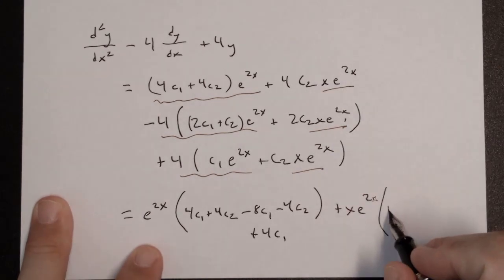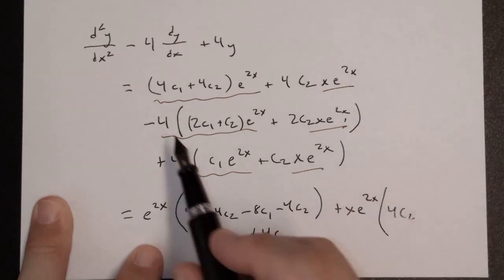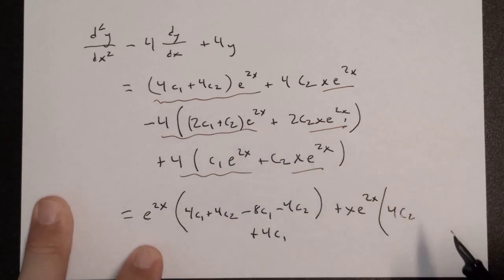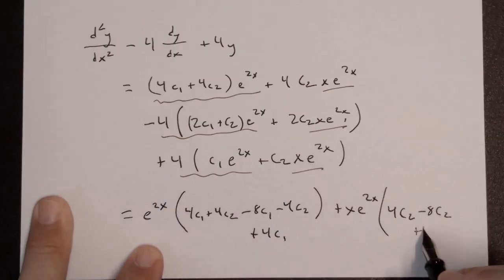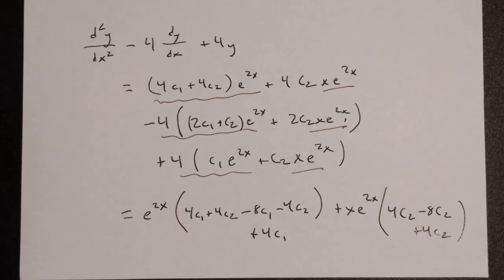Now with the x e to the 2x parts, I got 4c2 from up there. I got minus 8c2 from here. And then I've got plus 4c2 from there. Wait a minute. What's the coefficient here?